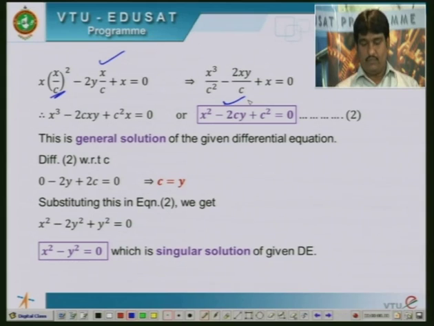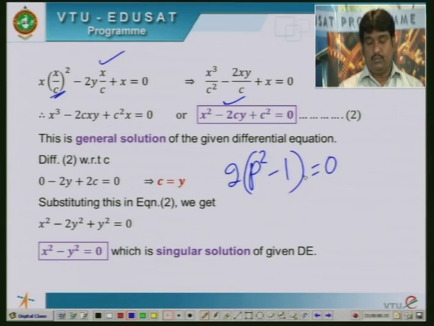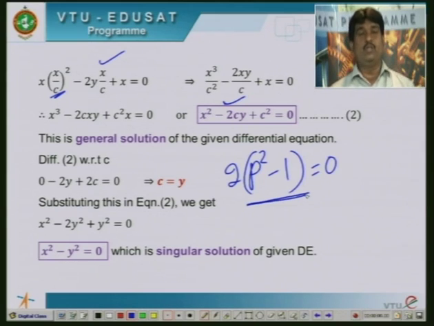We have seen there was a factor of this type, 2 into p square minus 1 equals to 0. You can obtain singular solution from this factor also, but method 2 is, when we have the general solution, you differentiate that with respect to the arbitrary constant, treating x and y as constants.